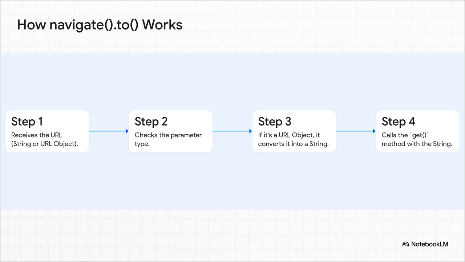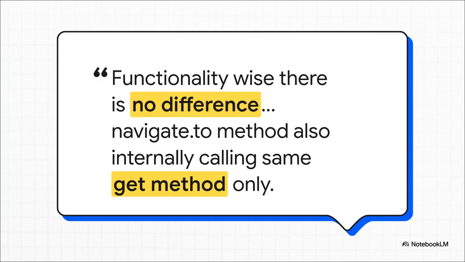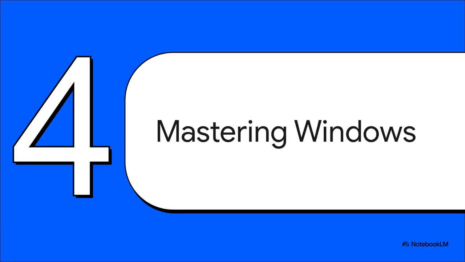Functionally, they both land you in the exact same spot. The source material really says it perfectly. There is no functional difference because one command is just calling the other. So while you could use either one to load a page, the key insight for that interview is knowing that navigate is part of a broader toolkit for controlling browser history.